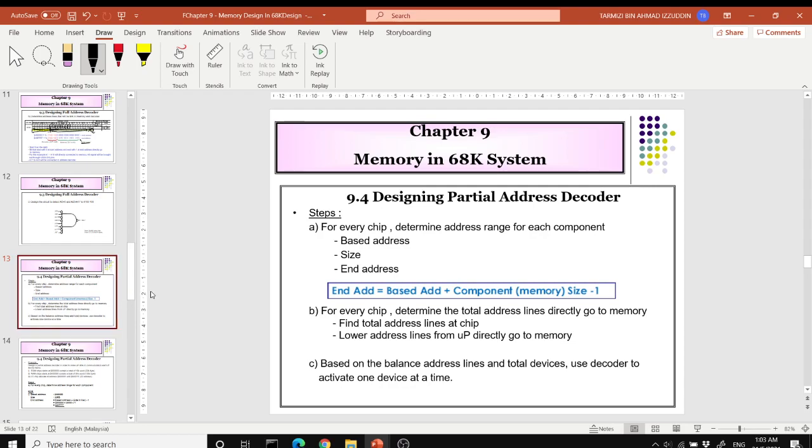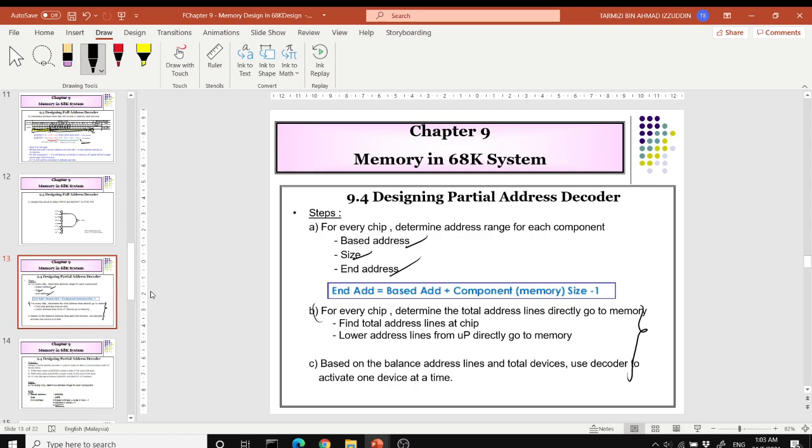Basically the steps are the same. Again, determine your base address, determine the size of the memory you want to interface with your 68K, and lastly calculate the end address. And then for every chip, this is what differs between partial address decoder and full address decoder.